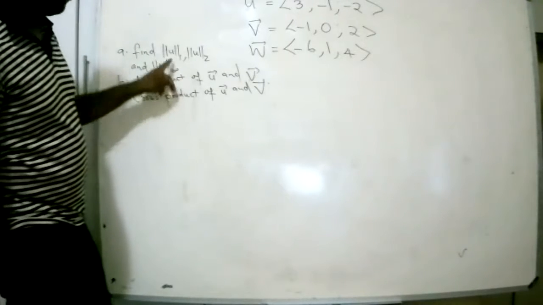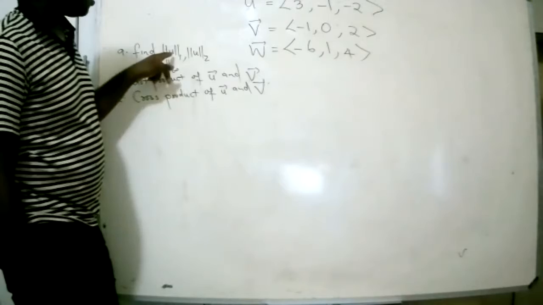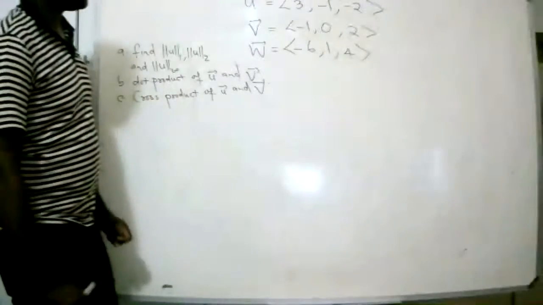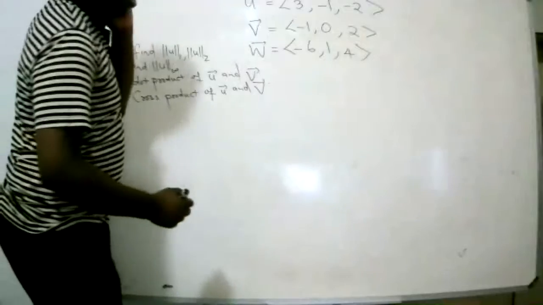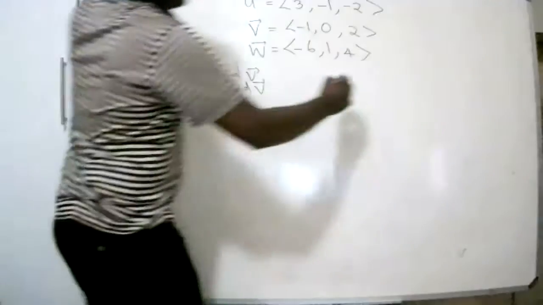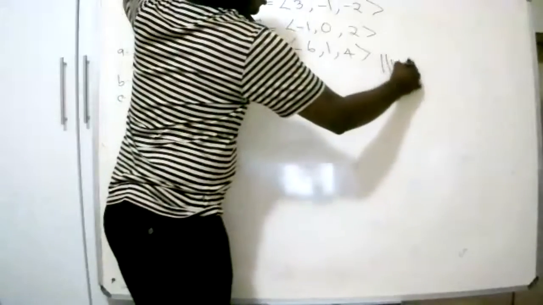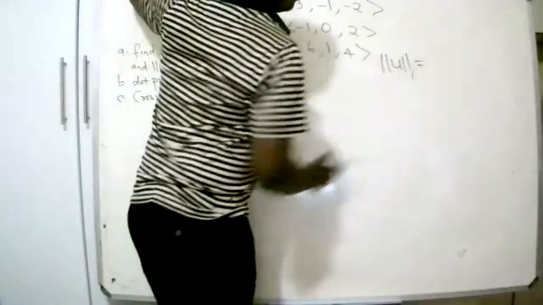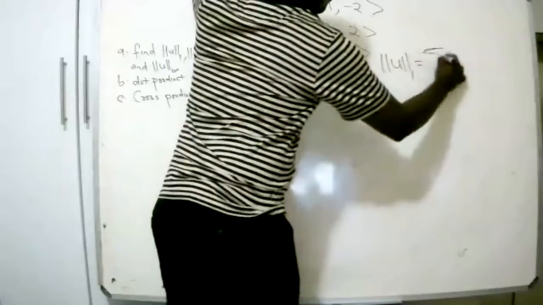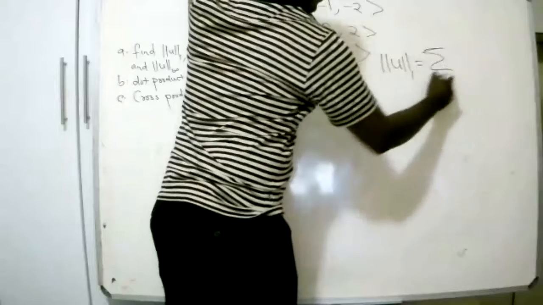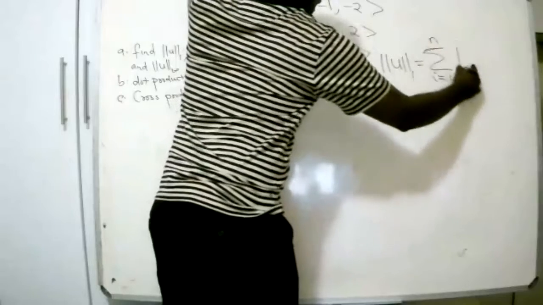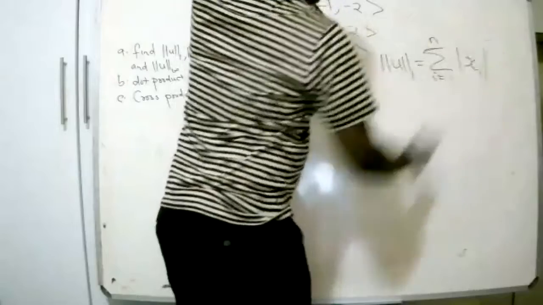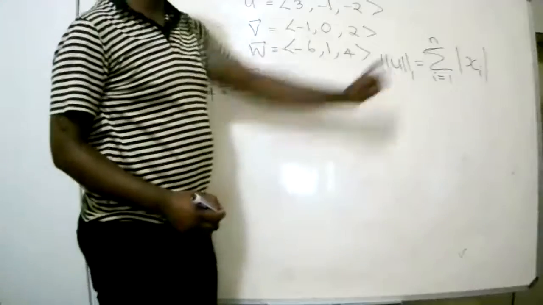So let's first find the one norm of u. To find the one norm we use the formula: one norm of u is equal to the sum from i equal to 1 up to n of the absolute value of xi, where xi are the components of u.